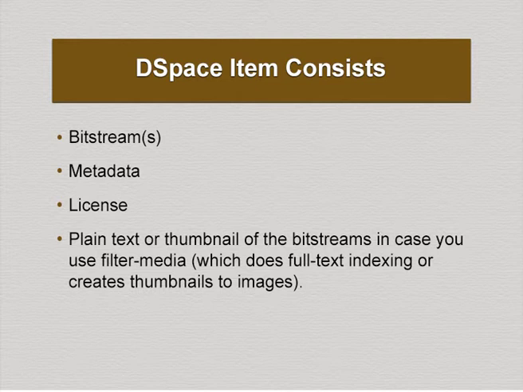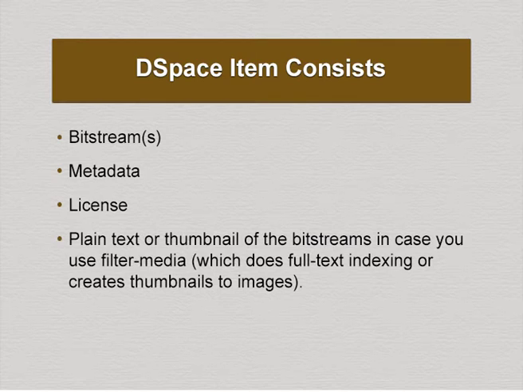Then if you run generate full text indexing, it converts your PDF or Word file into a plain text file and then indexes it. But in case of images, it generates a thumbnail of the image so that it is displayed while browsing. So, any user can look at the thumbnail before he actually opens the full image of the file, which may take more time on the network to transmit and display.